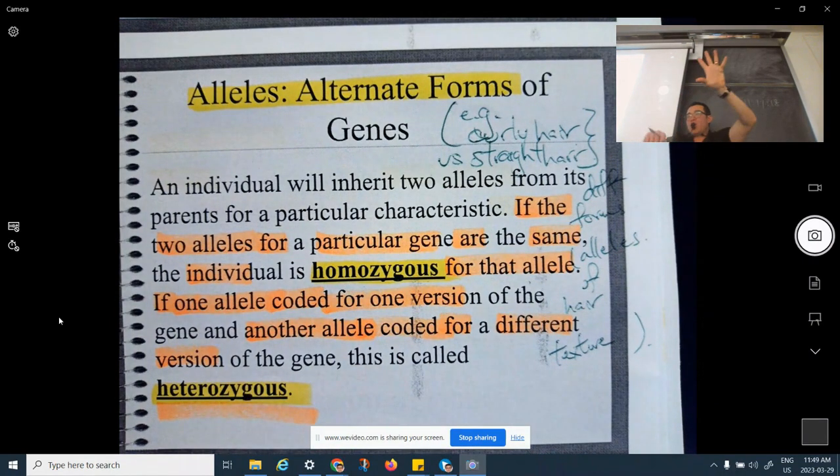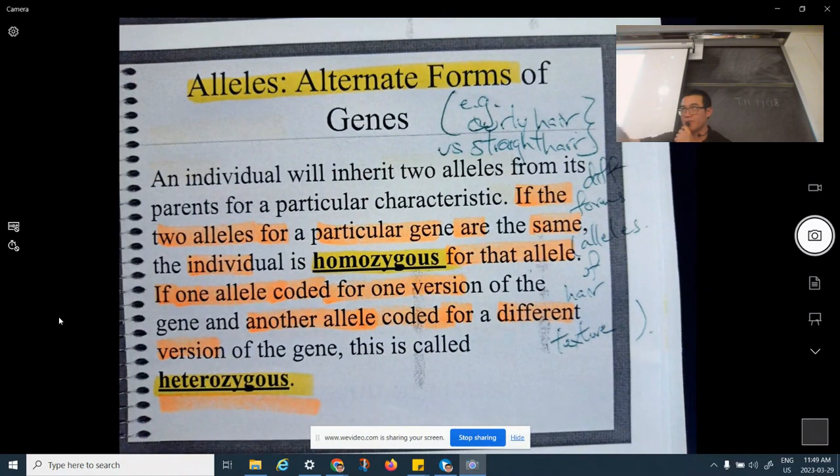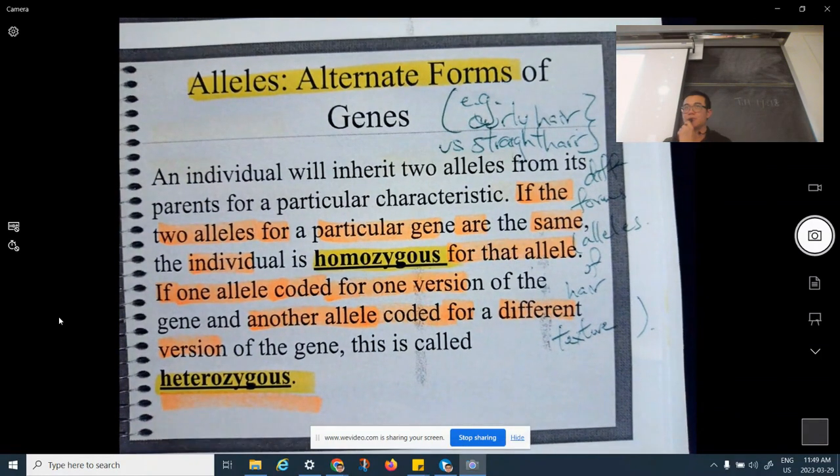If you have one copy of curly and the other copy of straight from the parents, you will be called heterozygous for that gene. Homozygous, two copies of the same. Heterozygous, different copies. Are we good?